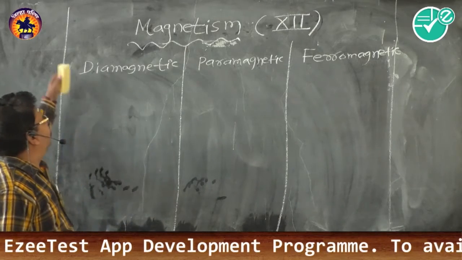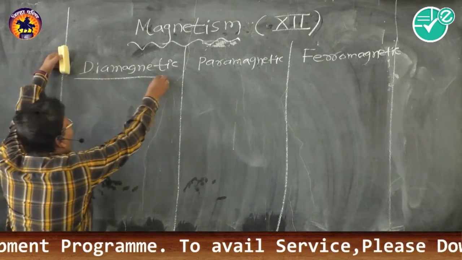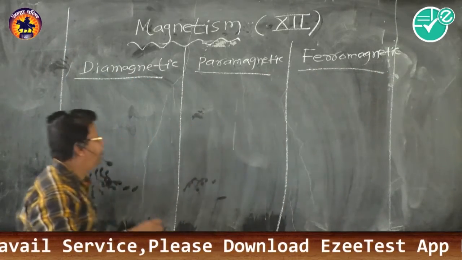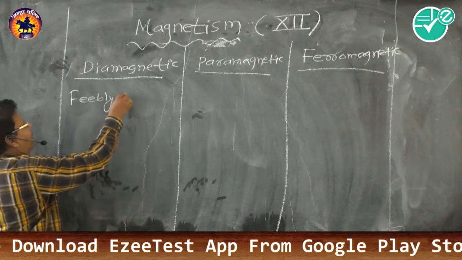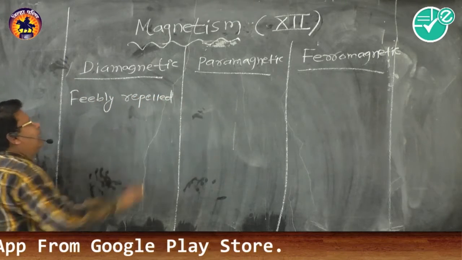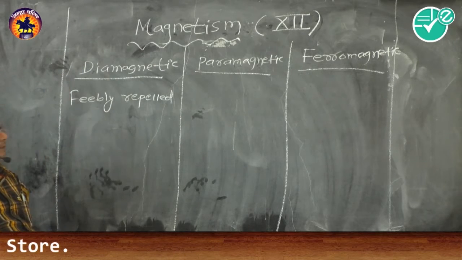Now, substances which are weakly or feebly repelled by a magnet are known as diamagnetic substances.